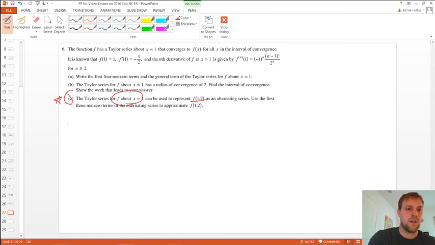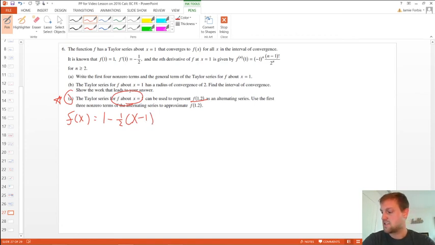Remember that f of x is equal to, those first 3 non-zero terms from part A were 1 minus 1/2 times (x minus 1), and this is the simplified version, plus 1 over 2 squared times 2 times (x minus 1) squared, and then plus dot dot dot.